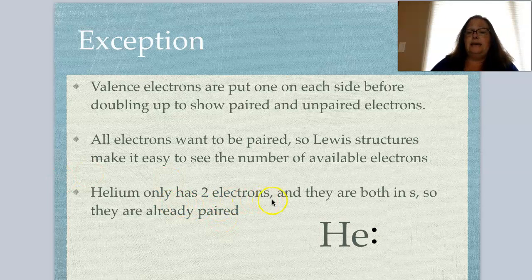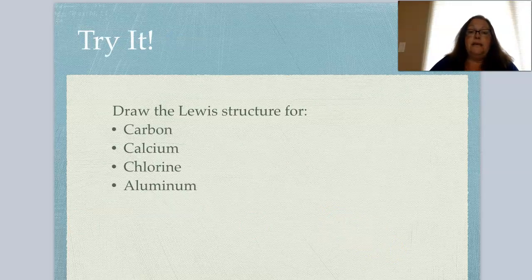Because helium only has the 2 electrons and they're both in s, they're already buddied up. So the one exception for Lewis structures is that the 2 electrons in helium go together on the same side rather than individually. So take a moment and see if you can figure out the Lewis structures for these 4 atoms.